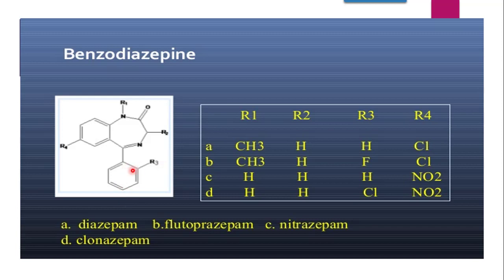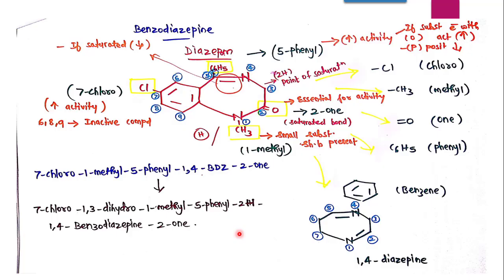If it is at the ortho position, as you can see in the case of clonazepam, R3 is chlorine, which is an electron withdrawing group. So according to the SAR, if an electron withdrawing group is present at the ortho position, it increases the activity, as in clonazepam, and if the substituent is present at the para position, it is responsible for decreasing the activity.